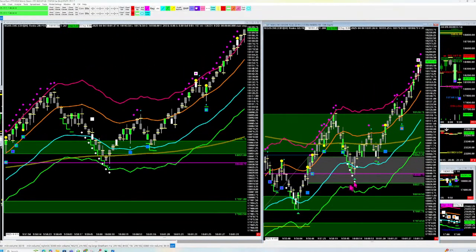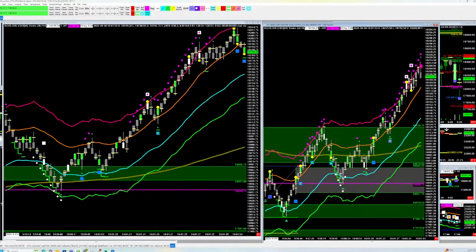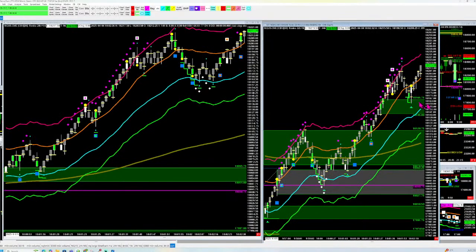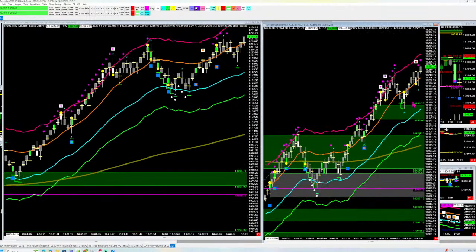Now I want to point out, you're now from your entry at 18,040 up almost $4,000 a contract. Double green. White bar off the double green, easy peasy.